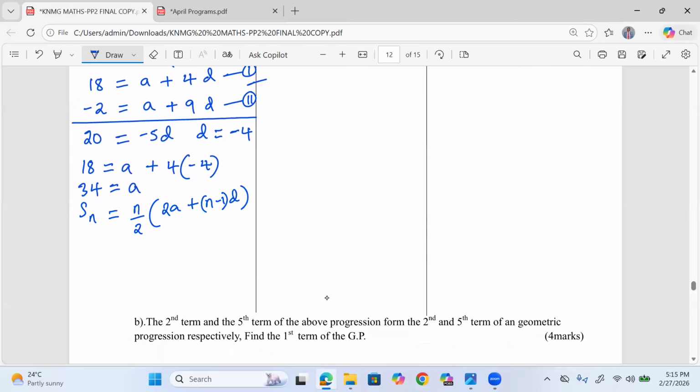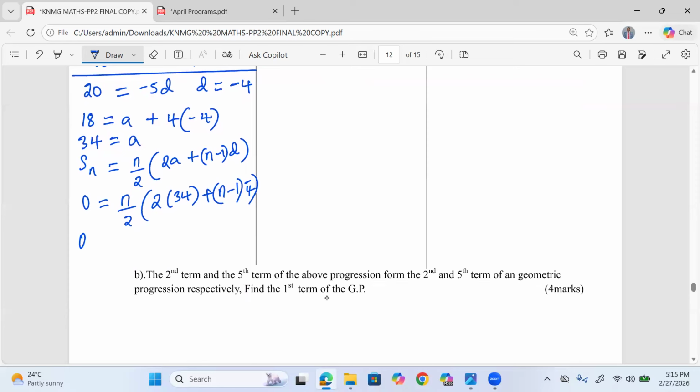And now we need a sum of 0 equals a certain number of terms n over 2 into 2 times a, where a is 34, plus (n minus 1) multiplied by negative 4, which is our d. 0 equals n over 2 into 68 minus 4n plus 4.